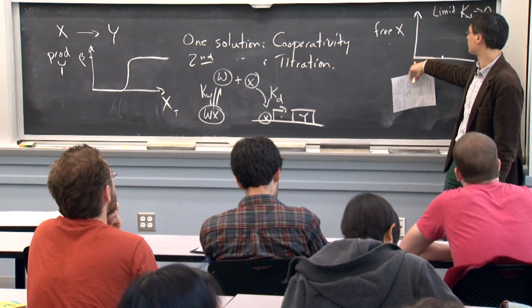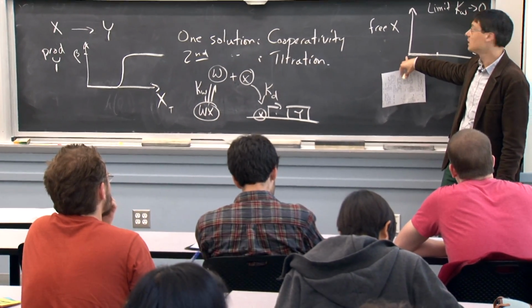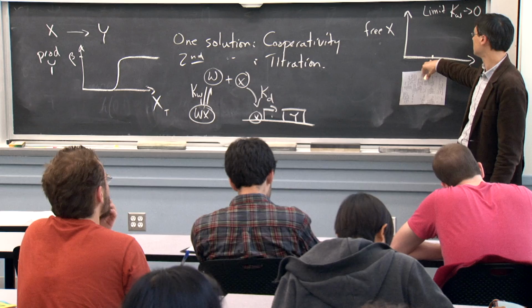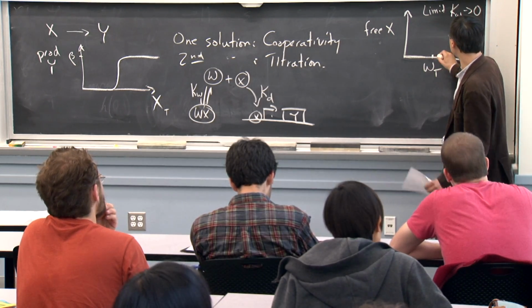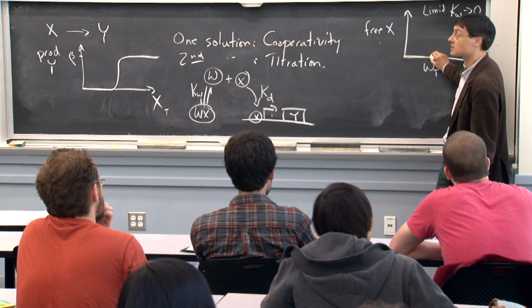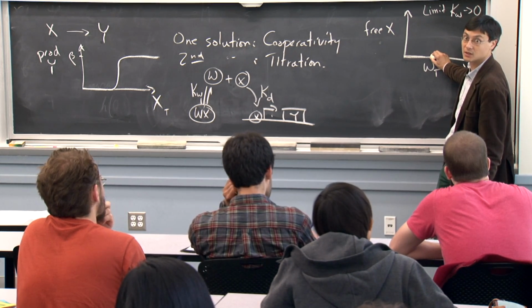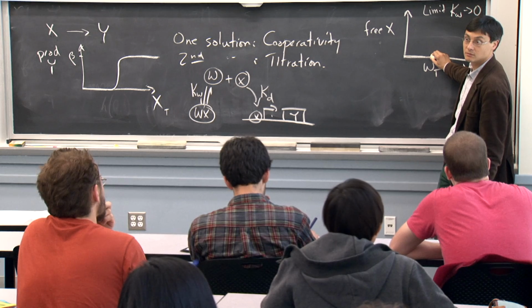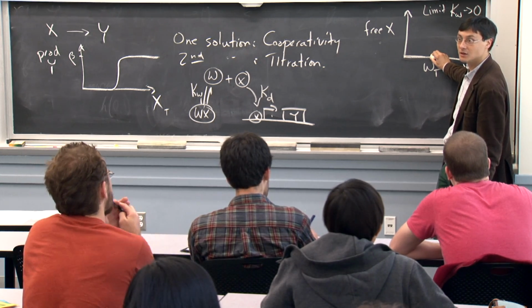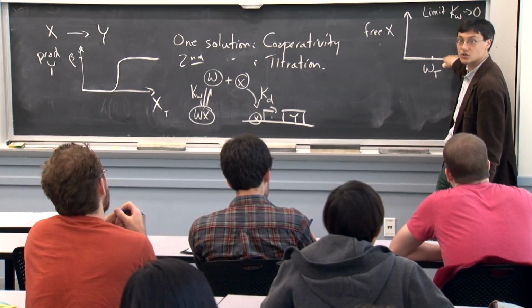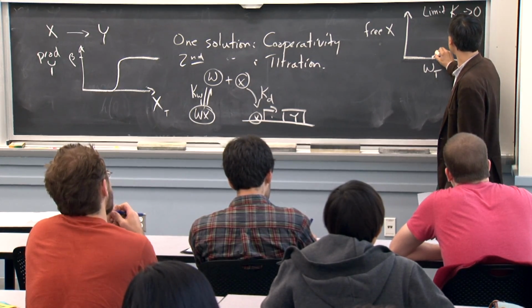So over here the free W is equal to W total, but then it decreases linearly until you get here, and now there's no free W. At that stage the free X is going to go up with a slope of what? 1, exactly. All the X that you add just turns into free X, so this goes up with slope 1.